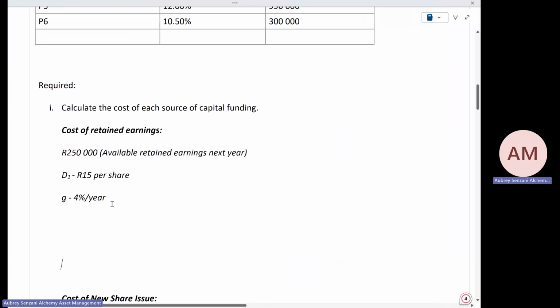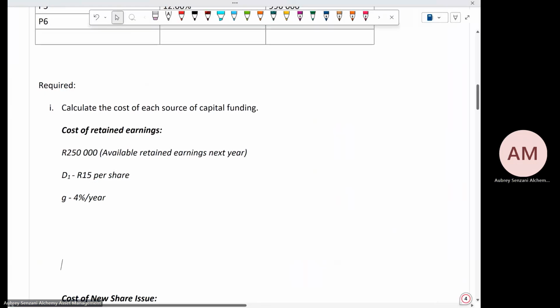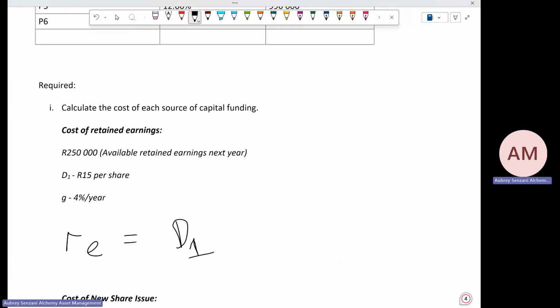So what does that formula look like? We're saying RE equals D1 over K minus G. If we don't use K, what's the other one that we use?